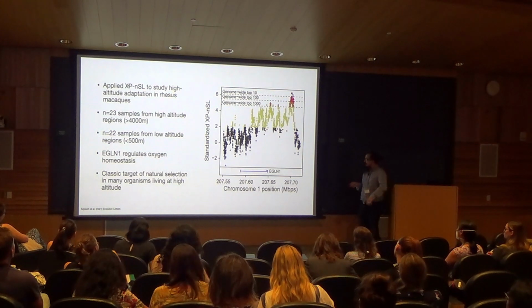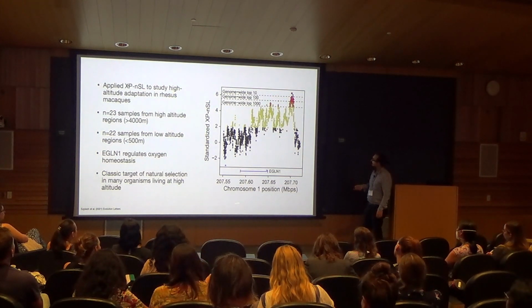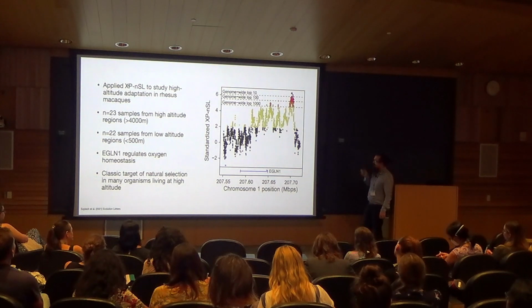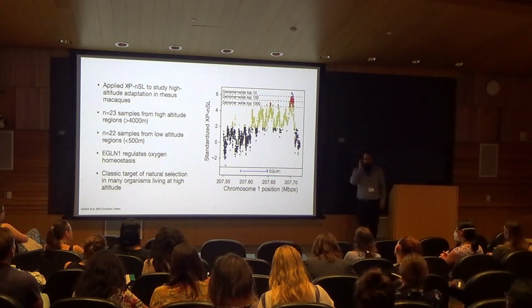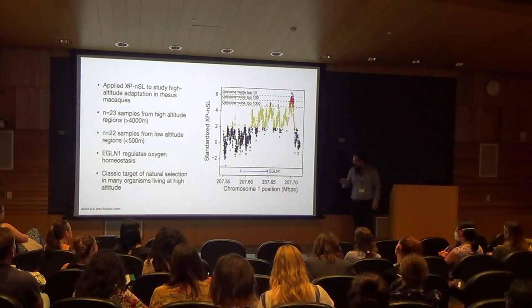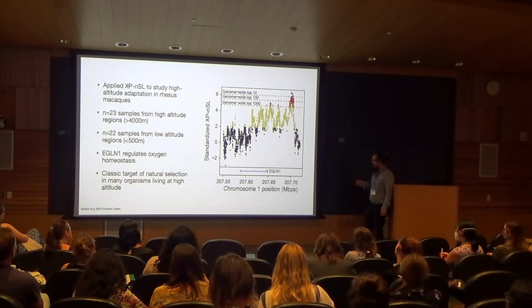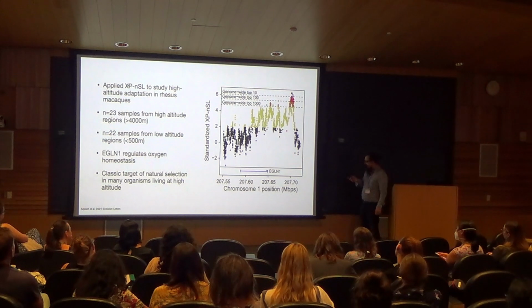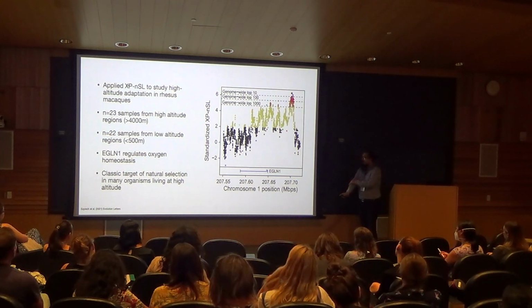The standout signal in this analysis was this little peak right here, which happened to land right in front of EGLN1. Probably most of you know EGLN1 is a regulator of oxygen homeostasis and is a classic target of natural selection in organisms living at high altitude.